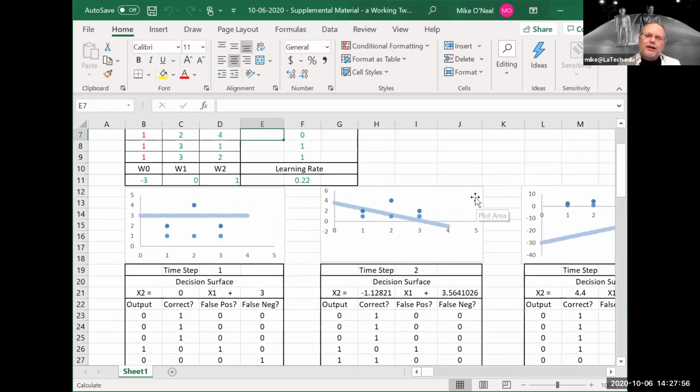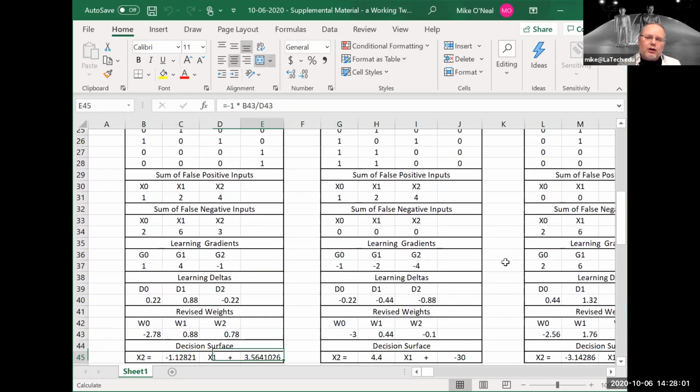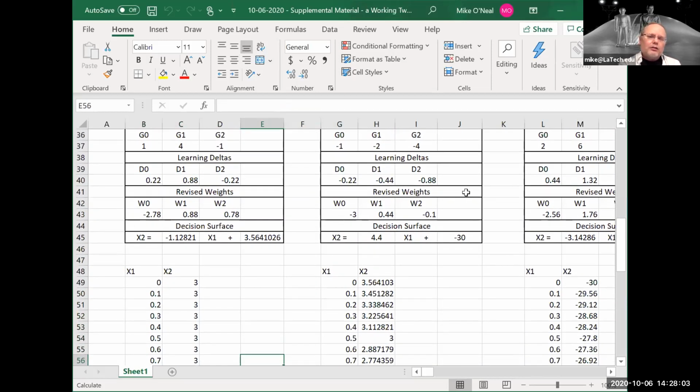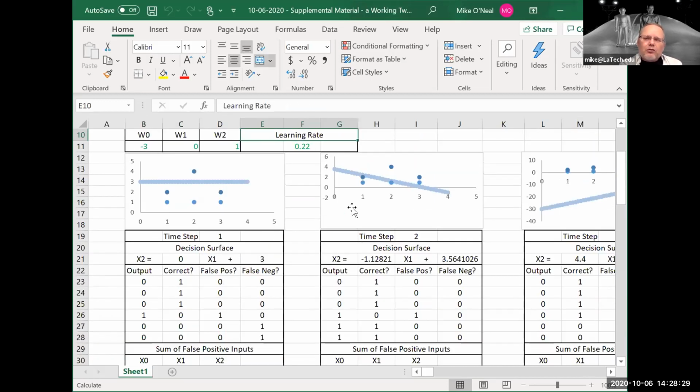So now our weights, well, I don't have them written down here up at the top, but those weights are these weights right here. And if you want to plot things in a slope-intercept equation, I showed you how to rearrange your equations to be in the slope-intercept form. So this is the line that you get, right? It crosses the x2 at 3.5, and you can see that I'm crossing at about 3.5 here.